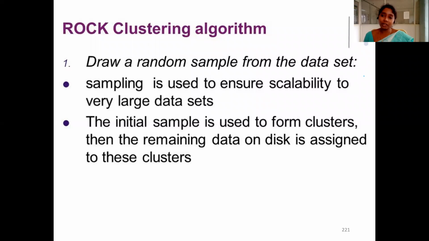If the dataset is too large, it's difficult to form the clusters, difficult to process the entire data. That's why in the ROC algorithm we consider a sample of the dataset. The initial sample is used to form the clusters, then the remaining data on the disk is assigned to these clusters after formation.